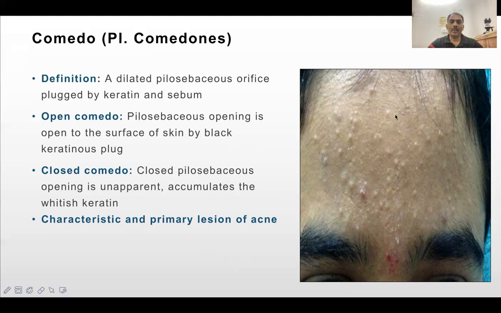All these areas where we cannot see any black adherent portion over the top are called closed comedones, whereas in an open comedone, the sebum and all other debris are in direct contact with the air, thereby causing oxidation. And that results in a black plug form. Closed comedones are closed pilosebaceous follicles because the blockage is deep within.